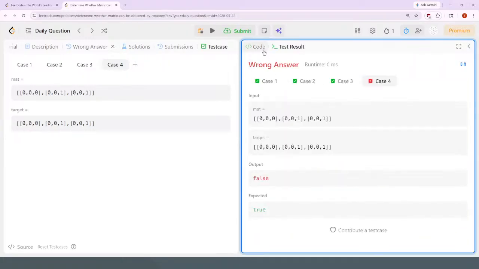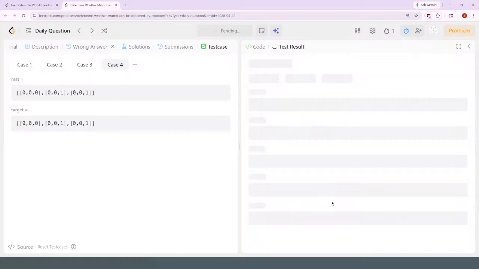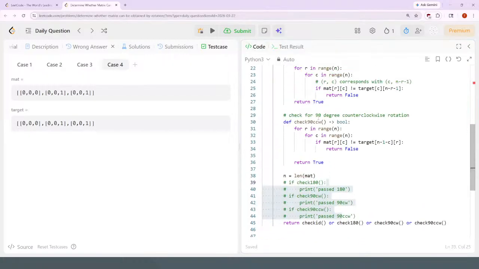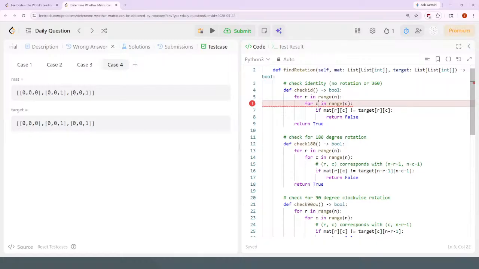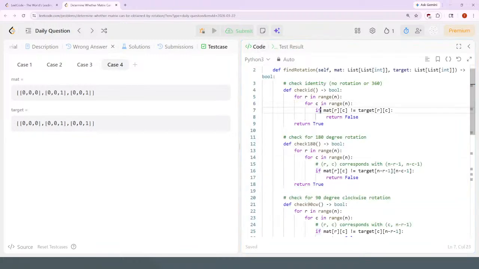I need to add this to my test cases. Cannot access local variable C. Oops. Hopefully this works.